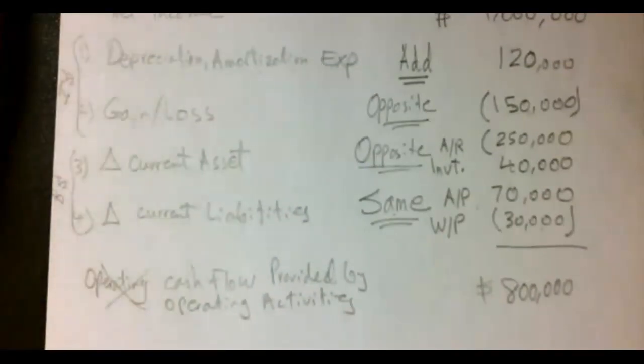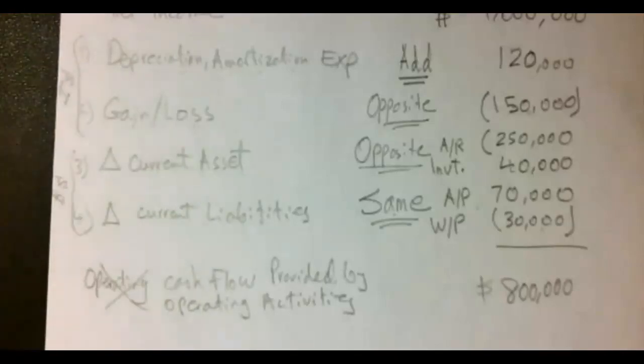As you see, your net income was showing $1 million, but your actual cash flow from operations was $800,000. So don't get confused, 4 steps. Depreciation, add. Gain or loss, opposite. Changing current assets, opposite. Changing current liabilities, same. That's it.